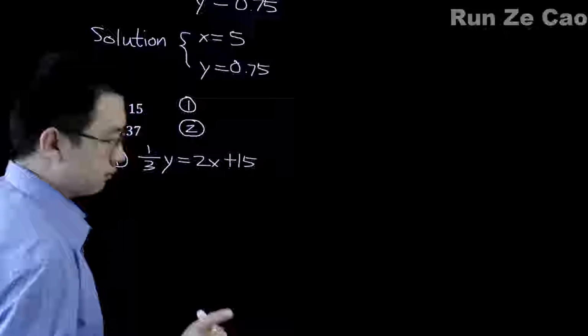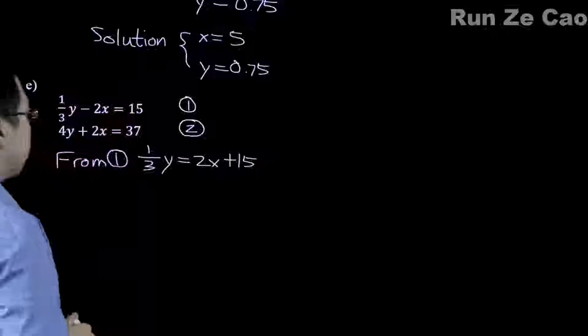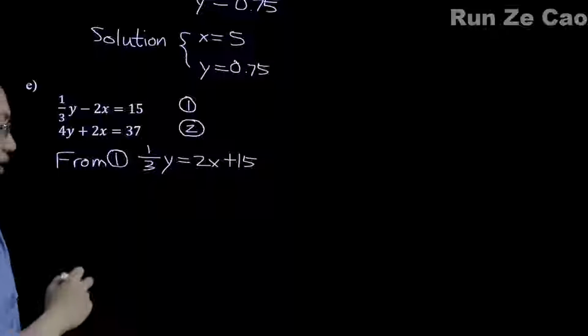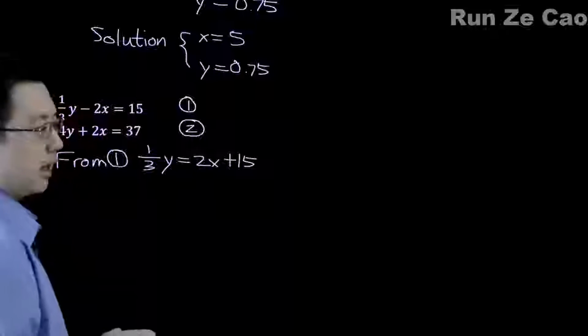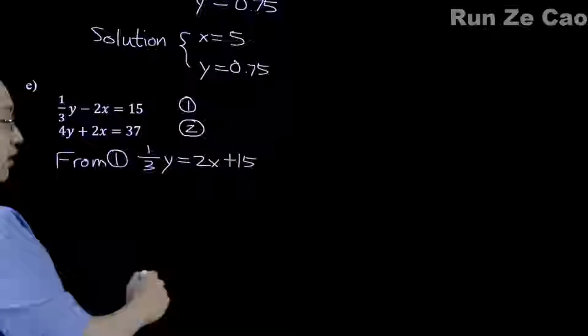Or we could just substitute using the 2x instead. But then we would end up with a mixed fraction at the end. And personally, I don't like mixed fractions very much, so I'll do both methods.